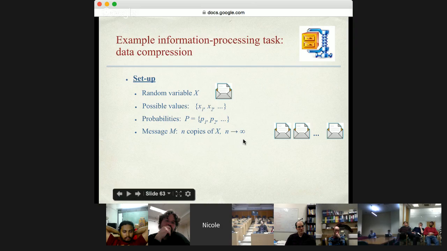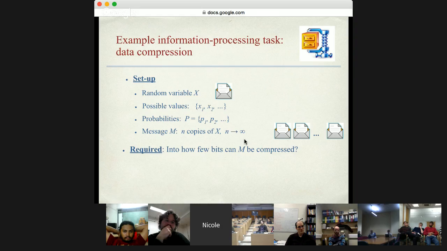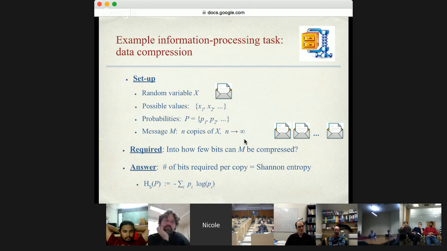In the limit as n approaches infinity, we approach the asymptotic limit. We'd like to know how efficiently I can compress this message into the smallest possible number of bits or units of information. The answer is I need the Shannon entropy, number of bits, per copy of the random variable. This is how we define the Shannon entropy in terms of that probability distribution.